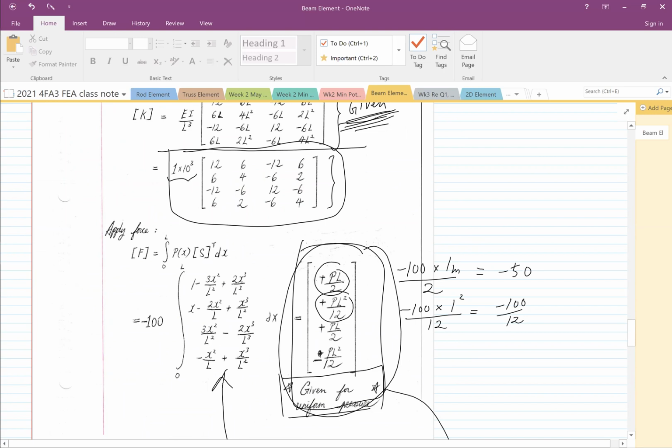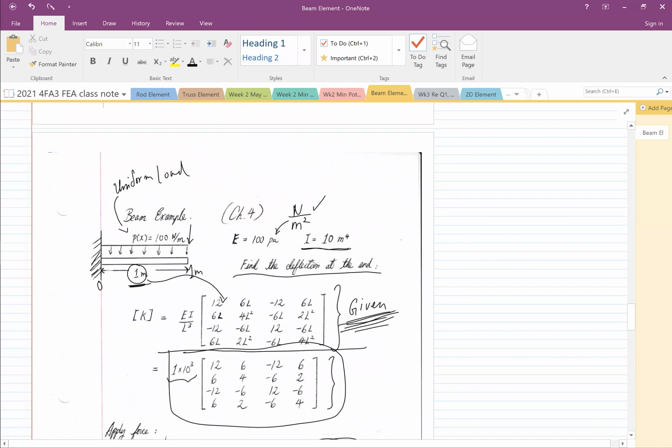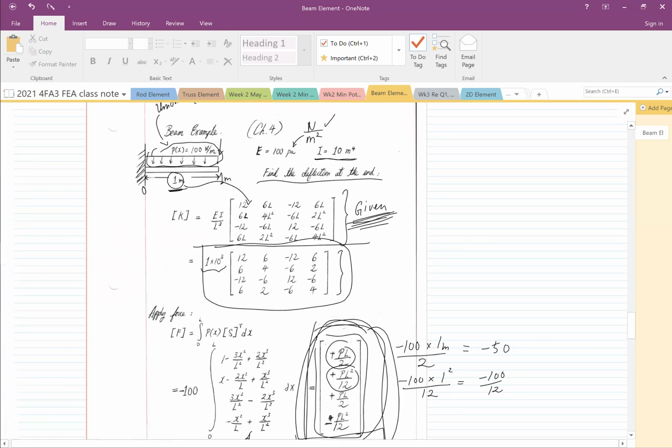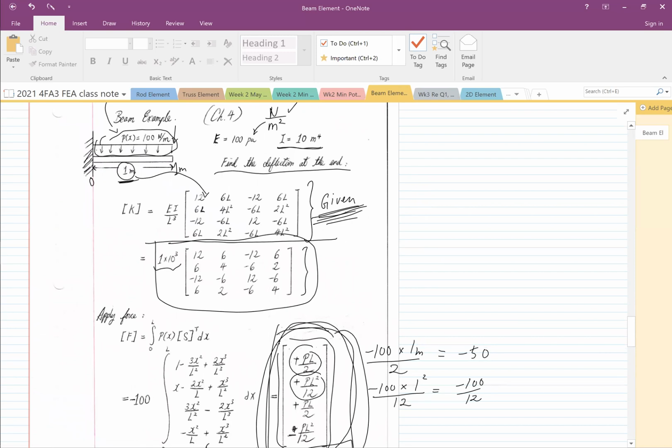Is the uniform load px 100 Newton meters only? All 4 terms are represented by the uniform load attached to it only.